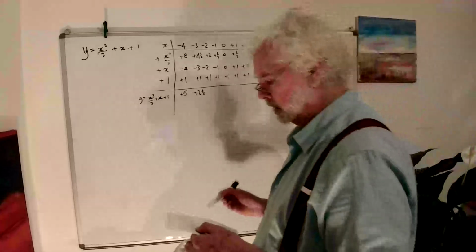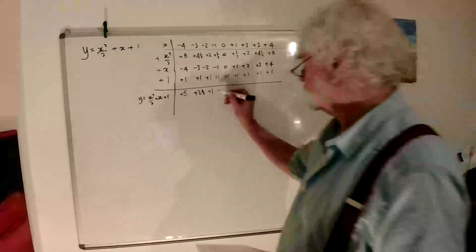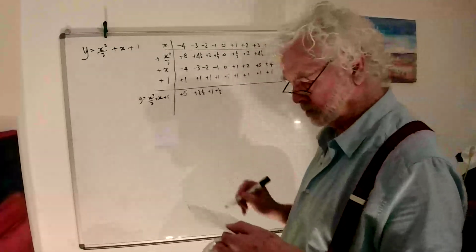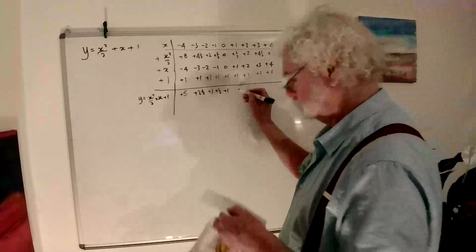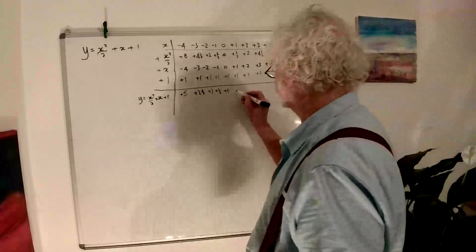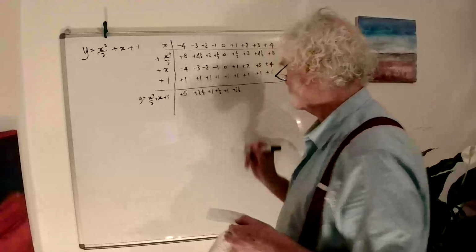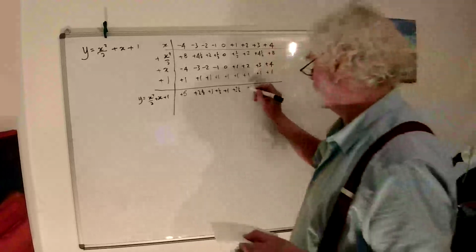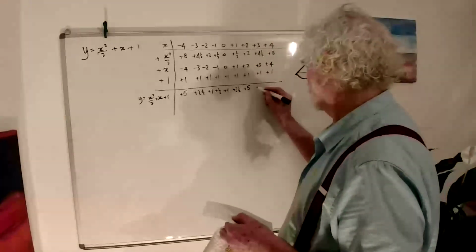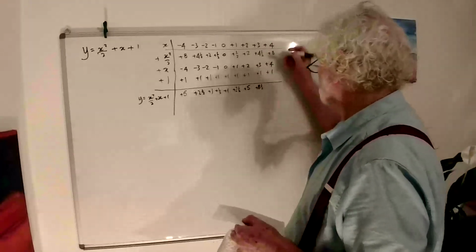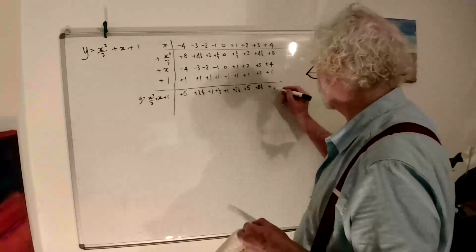So that's now a 1. This is plus a half, I think, by the looks. Yeah, that's what I've got before. Plus 1. 2.5. Is that right? Yeah. Plus 5. Plus 8.5. And the next one looks like plus 13.